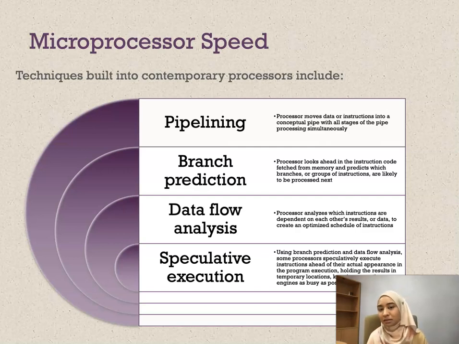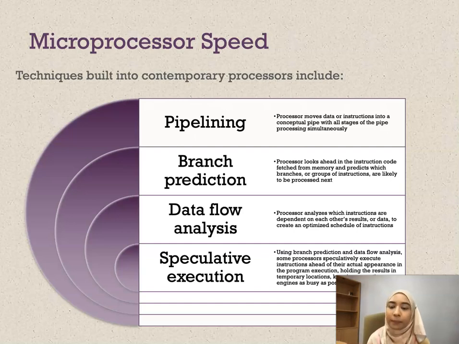Without techniques, you can be fast, but at the same time you need to think, what should I do next? What should I do next? So that hampers the speed, right? So if you were to introduce these techniques, they could execute things at a much faster speed and be more efficient.